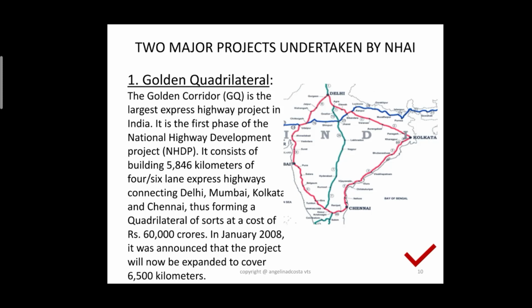So, which are the cities involved in the Golden Quadrilateral? Delhi, Kolkata, Chennai, Mumbai. And Mumbai connecting back to Delhi. So that kind of forms a quadrilateral. The second project is the North-South and East-West corridors.